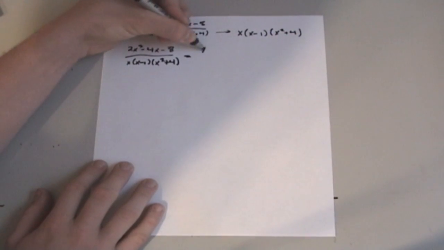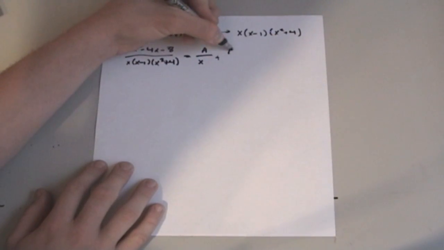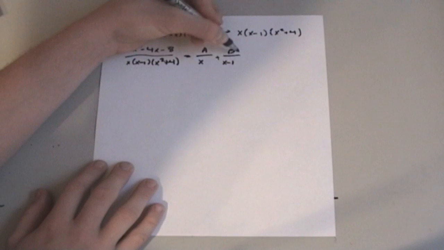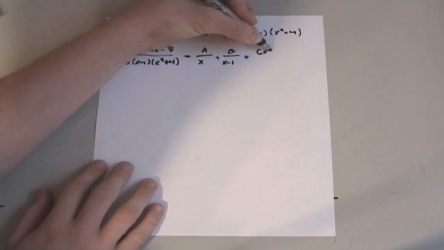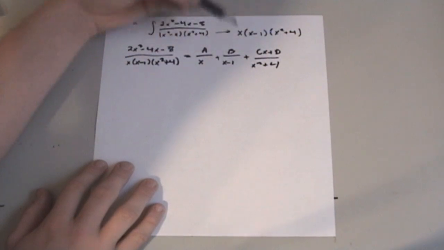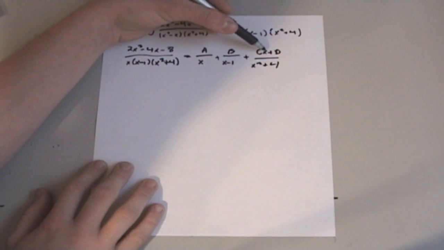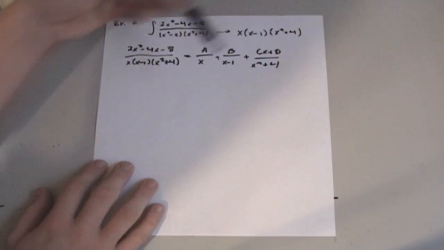It's going to equal A over x plus B over x minus 1 plus (Cx plus D) over x squared plus 4. And since we have x squared down here at the bottom, we're going to have to go with Cx plus D to solve that.